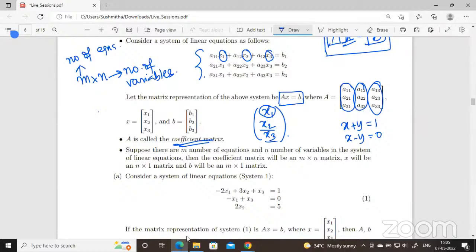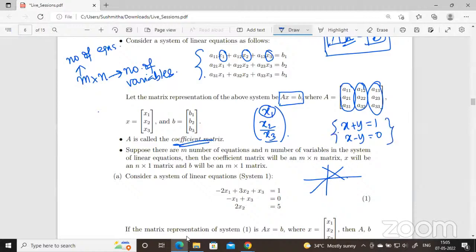What does x plus y is equal to 1 represent in R2? A straight line, with intercepts 1, 0 and 0, 1. And what is x minus y is equal to 0? It's a line passing through the origin, right? Y is equal to x.